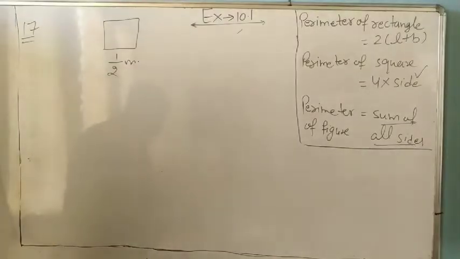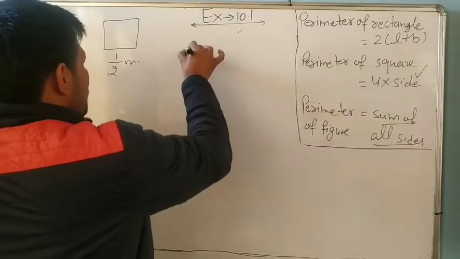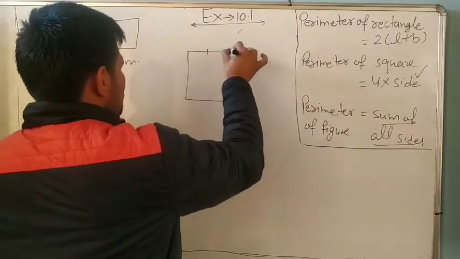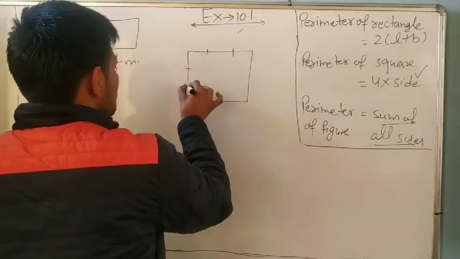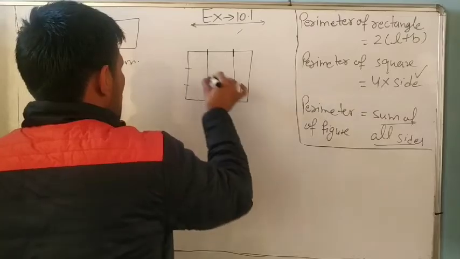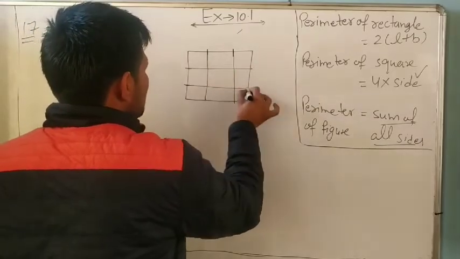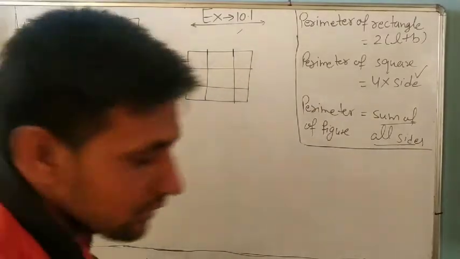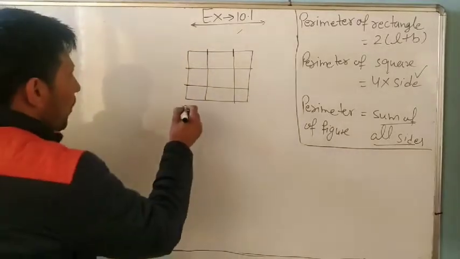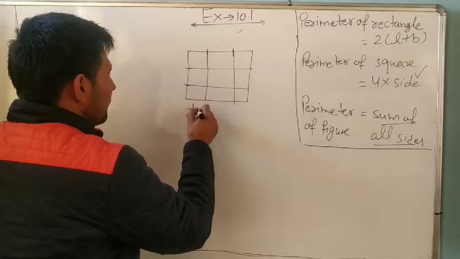So there are 9 squares here, which is given in the first part. Suppose these are squares, okay? These are the 9 squares and each side is 1 by 2 meter.